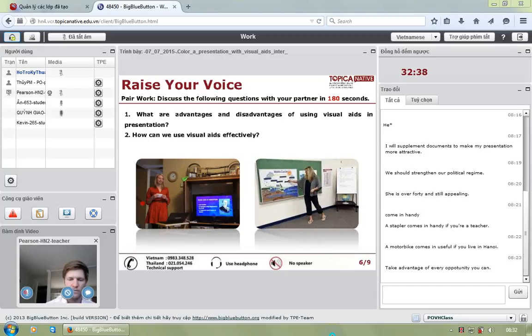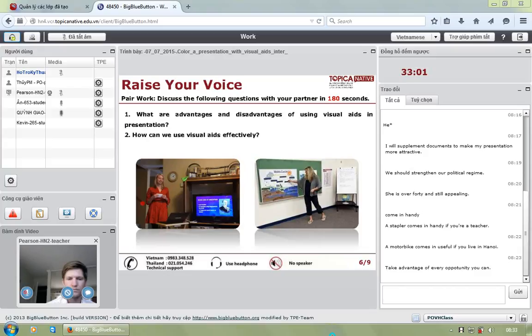But besides this advantage, visual aids also may distract the audience. If you visualize too much, you can miss your main point, the key content of your presentation, and distract them to other things.